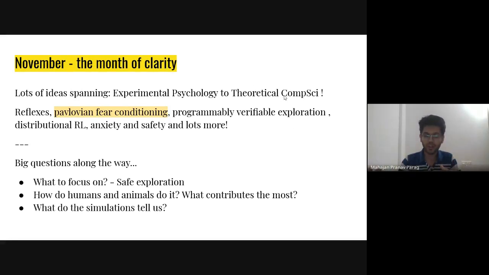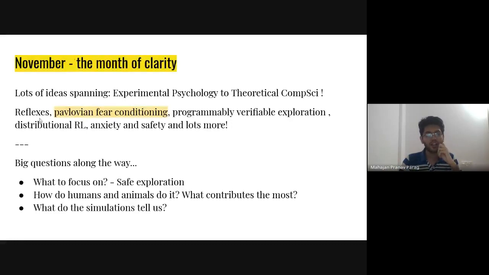Like if you could verify the exploration policy beforehand, as in, even before taking the action, verify whether it's right or wrong, then that's the best way of implementing a hard constraint. But we eventually focused on just soft constraints because that's how humans think.